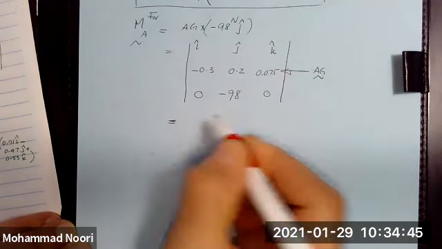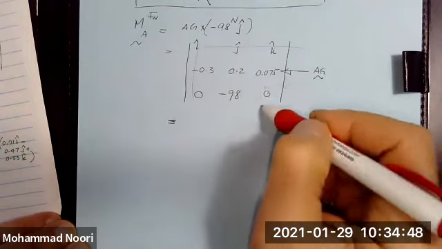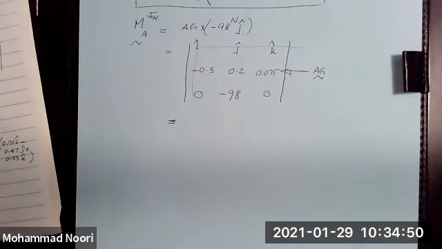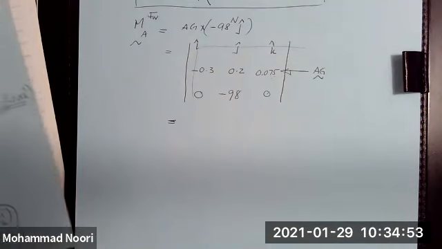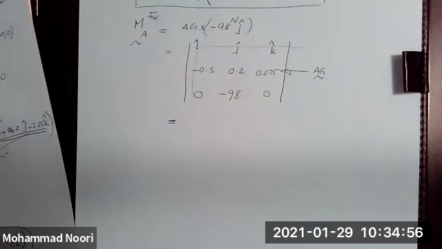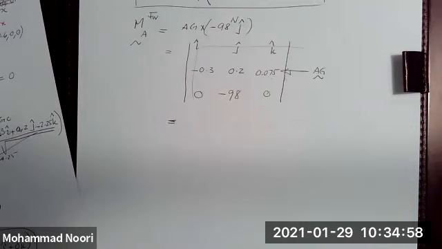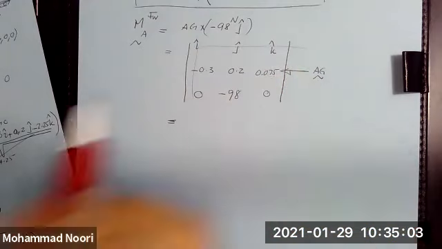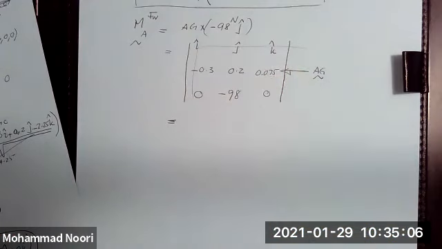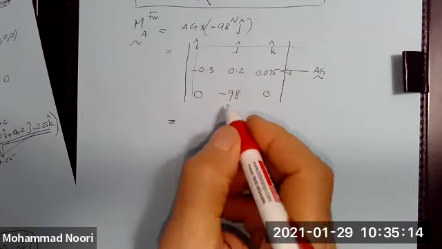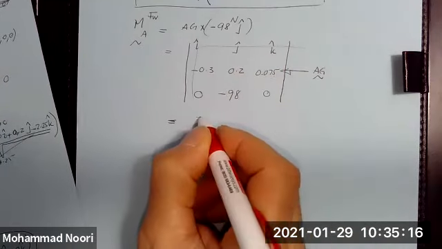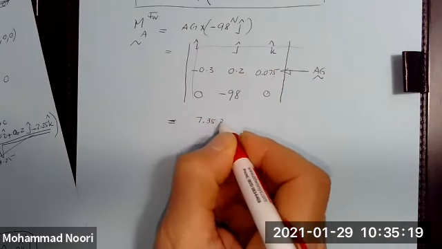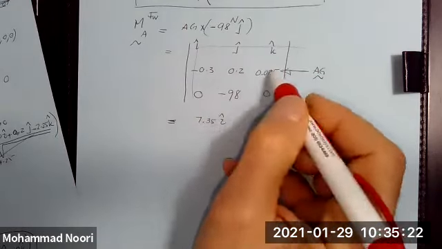So if you expand this, I'm going to redo that to make sure that we have everything correct. Okay, so for I, I have 98 times 0.075, so that's 7.35 I, and that would be positive.